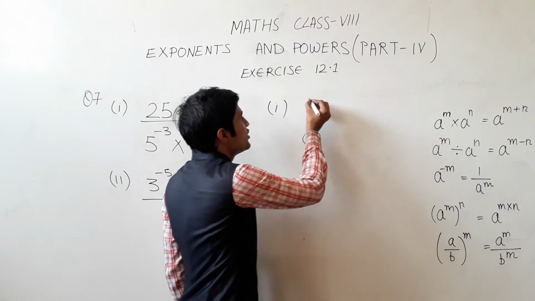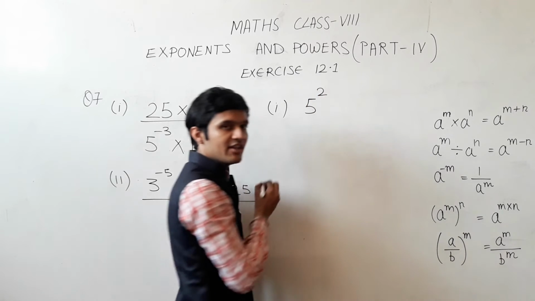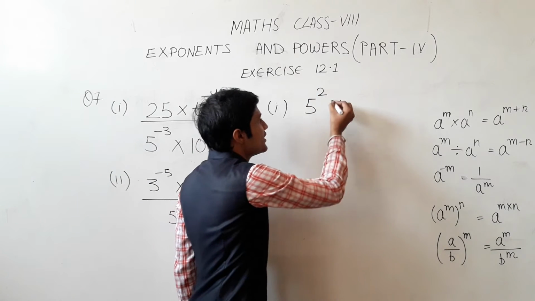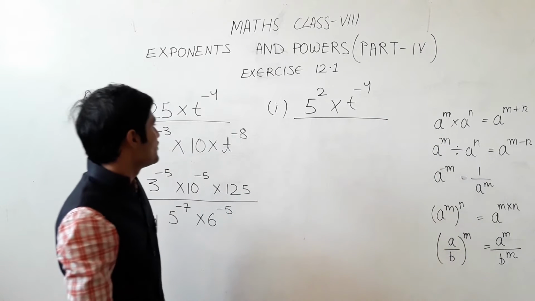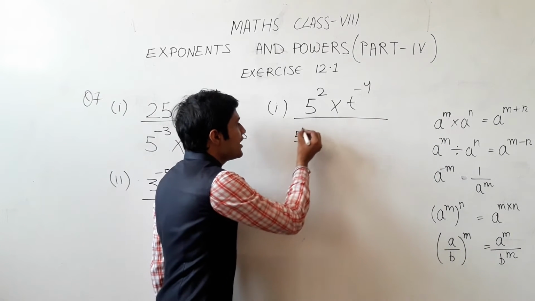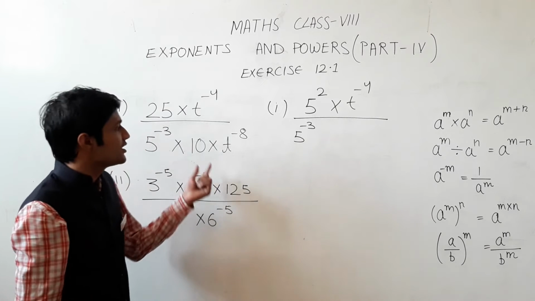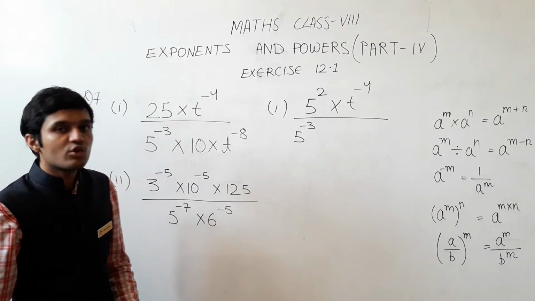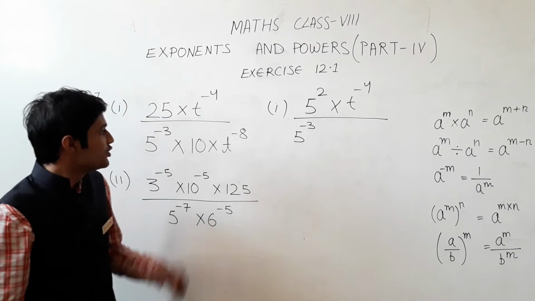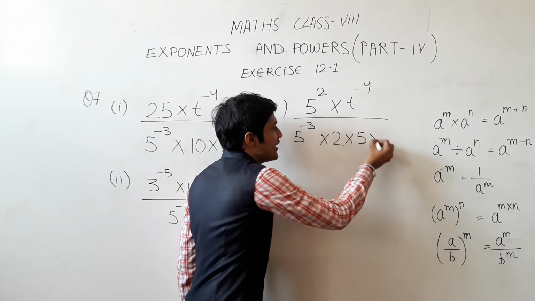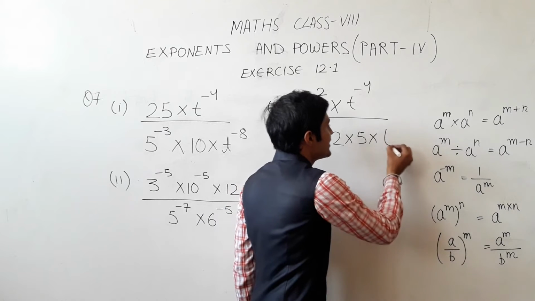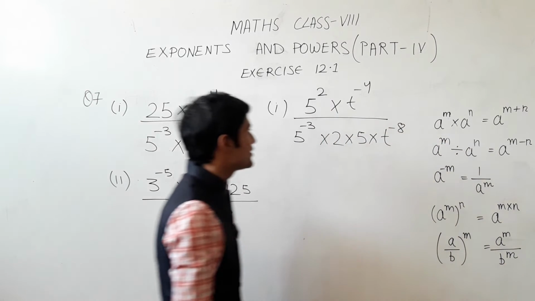I can write 25 as 5 square into t raised to the power minus 4, upon 5 raised to the power minus 3. Again break 10 into a product of prime factors. You can write 10 as 2 into 5, and in the last t raised to the power minus 8.